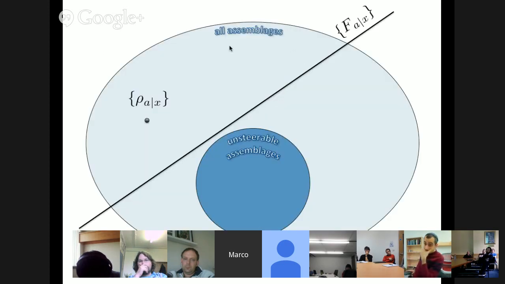So as I said, if you think of assemblage space, here is our target assemblage. You may think of this choice of variables f as defining hyperplanes, and I use this image just because it's very reminiscent of what we do in entanglement theory, where we have the state space, some entangled state that is outside a set of separable states, and we use entanglement witnesses that are like hyperplanes in the state space.